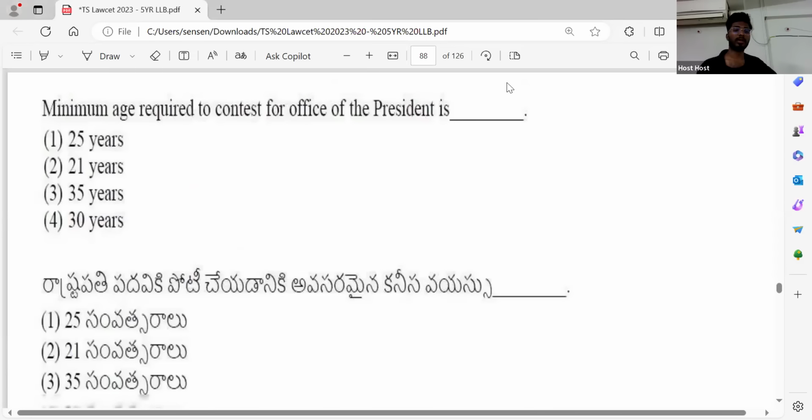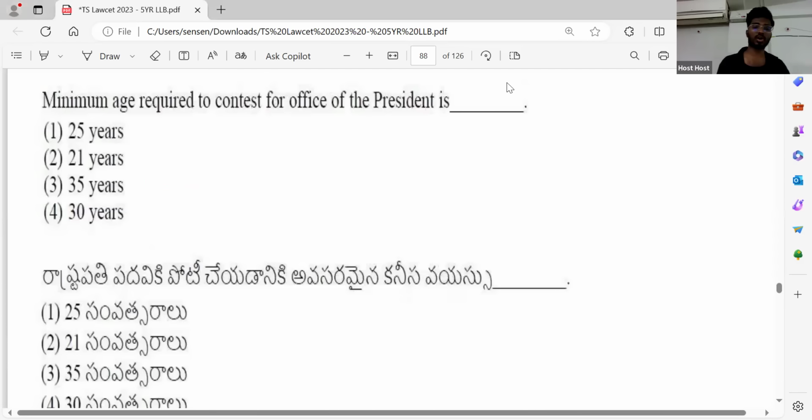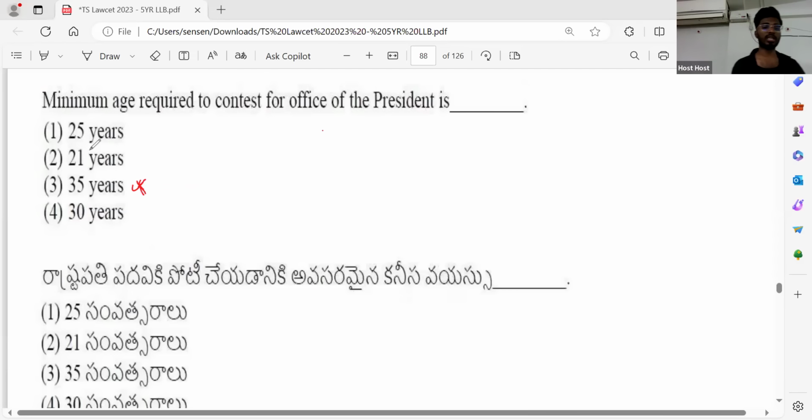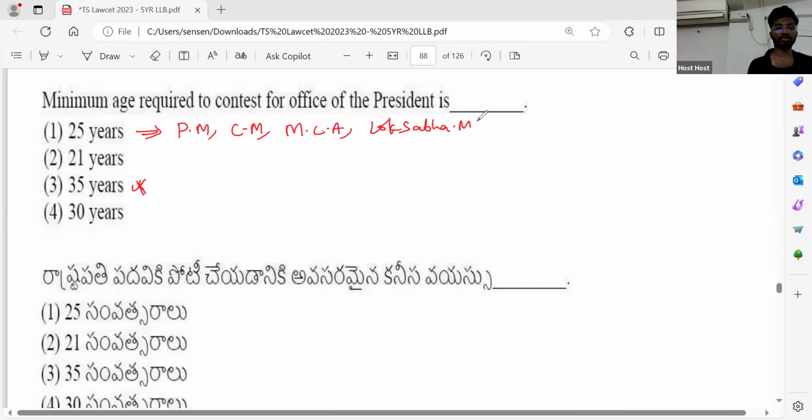Next. Minimum age required to contest for the office of president is 35 years. Very good. 35 years is minimum age. 25 for whom? 25 for Prime Minister, Chief Minister, MLA, Member of Legislative Assembly, and for Lok Sabha MP. 35 years for whom?